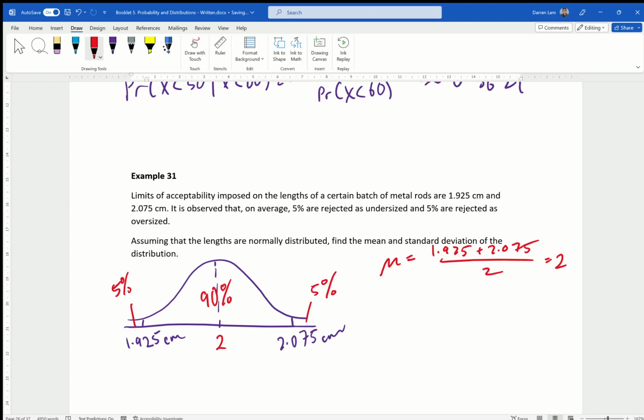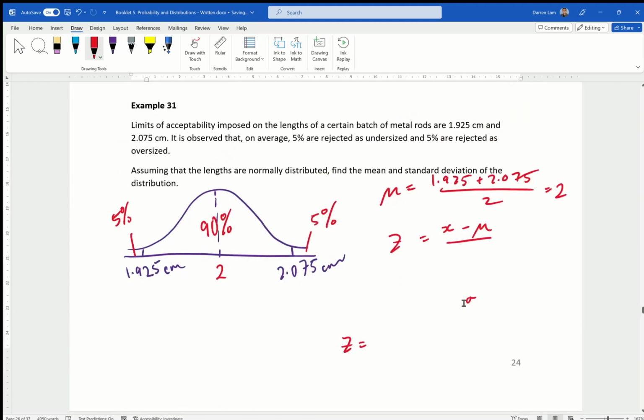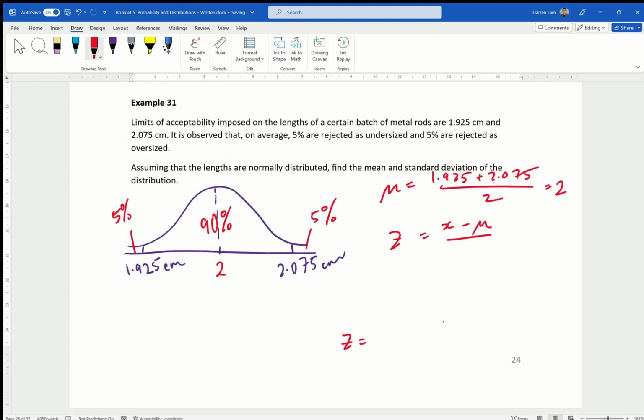Let's keep going. Remember that z equals (x minus mu) over sigma, a formula that we should know. I'm just going to pick one of the ends. Now I'm going to replace the values in. If that's 90%, let's use our calculator for this.